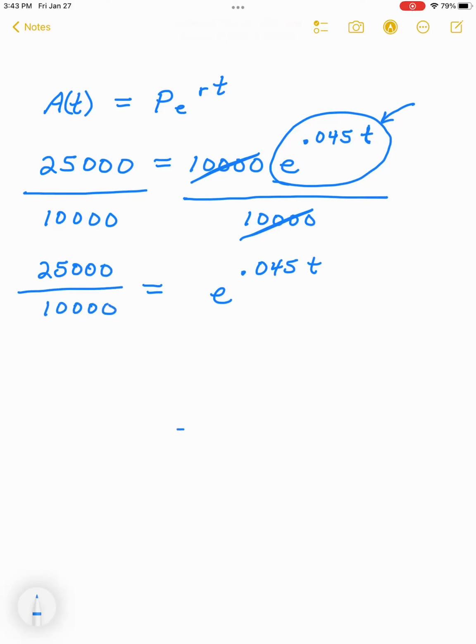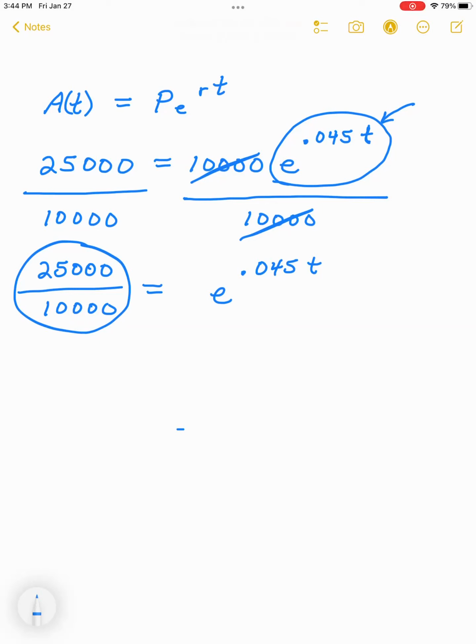Now I'm going to use my calculator real quick, and I will show you this in just a moment. If you don't know how to reduce fractions on your calculator, I'm anxious to show you. You can just type in the fraction, 25,000 divided by 10,000, and then press the math key on your TI calculator and select fractions, the first option.